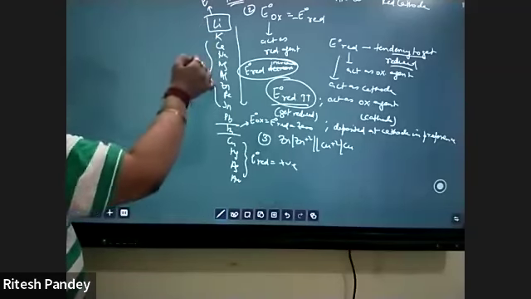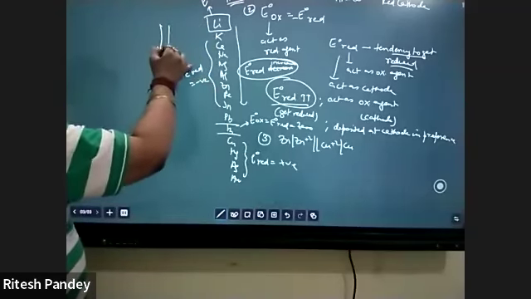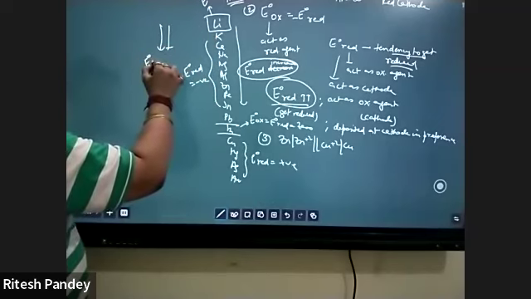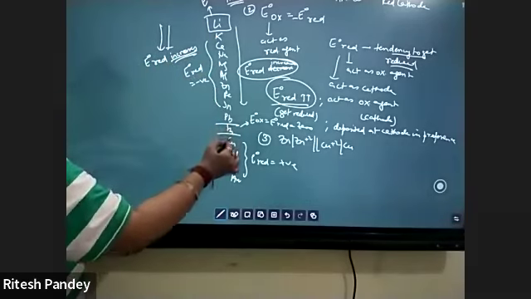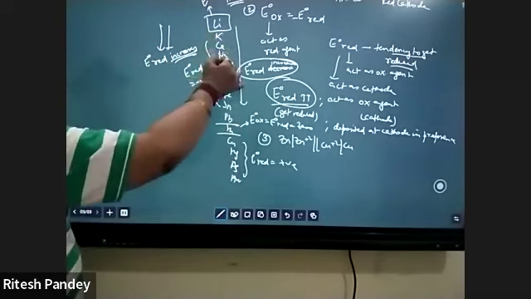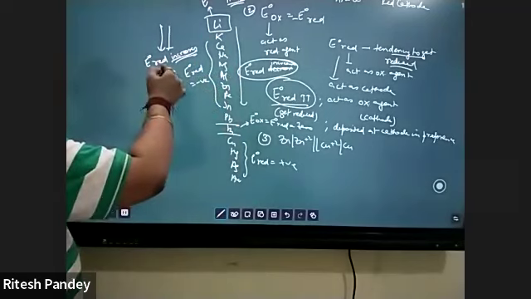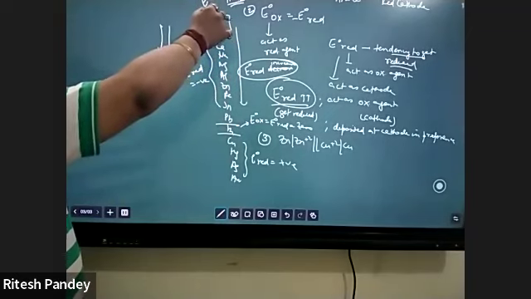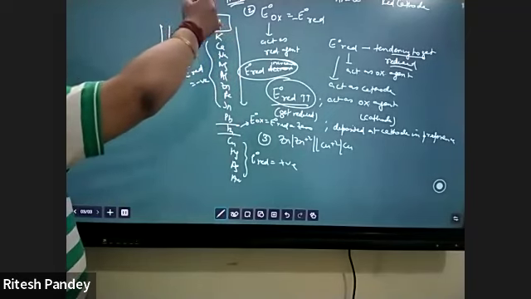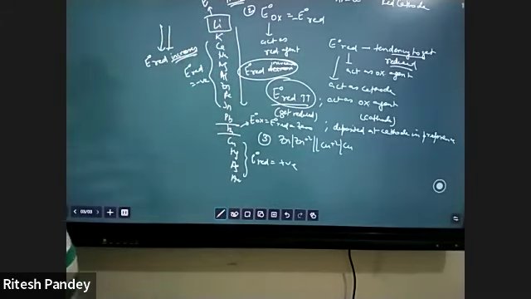So, electrochemical series: as you move down, reduction potential increases. This is 0. So below hydrogen it's positive, above hydrogen it's negative. I'm going to talk more about reduction potential because that's a globally accepted potential value. The one at the top, being the most metallic, is the most reducing, will get oxidized, will have the maximum oxidation potential and minimum reduction potential.